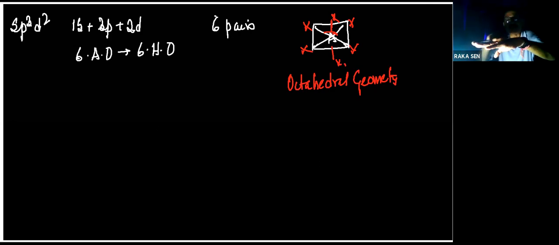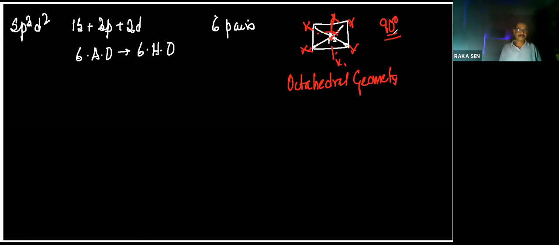This is the base of the square. So all the angles, this one will be 90 because it's 360. So all the angles will be 90 degrees with each other, all the 6. That means XAX will be 90 degrees. XAX, all of them will be 90 degrees.